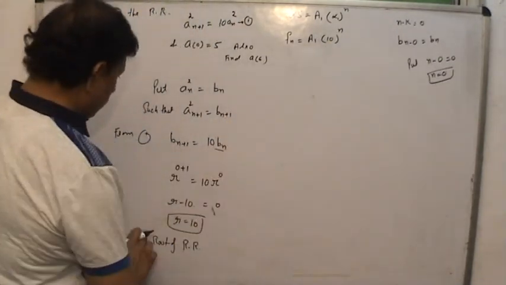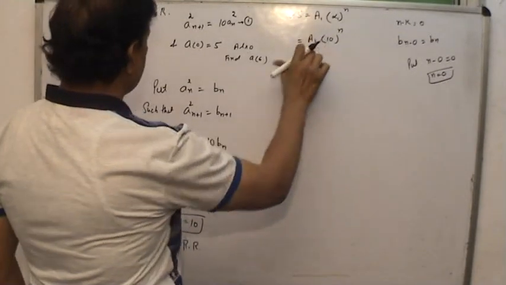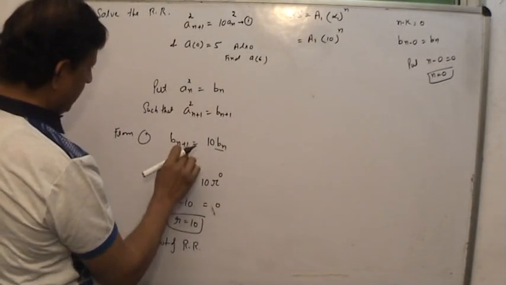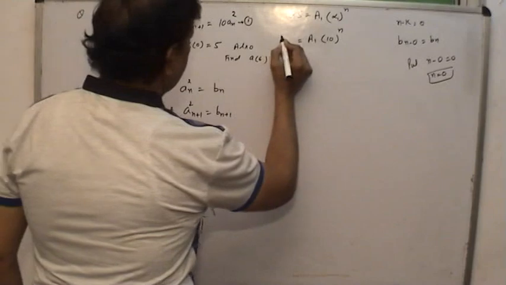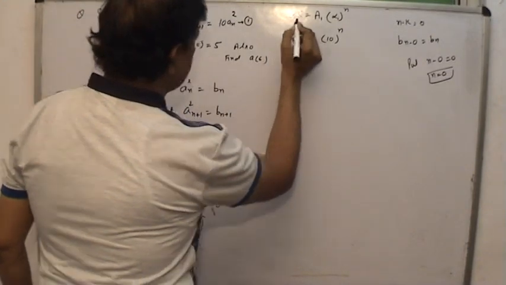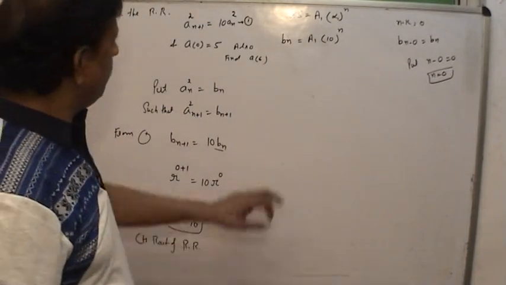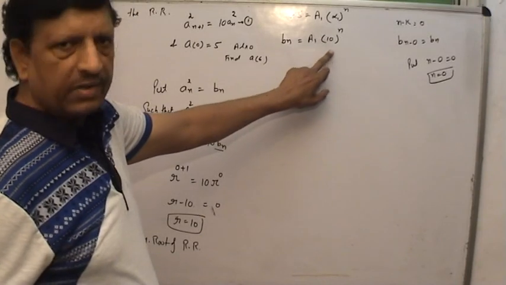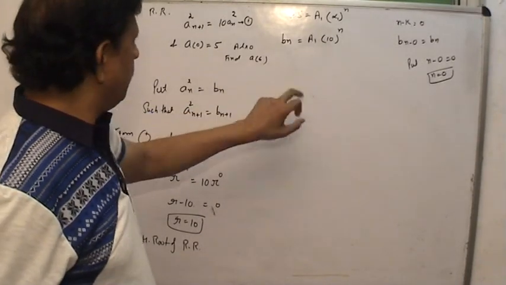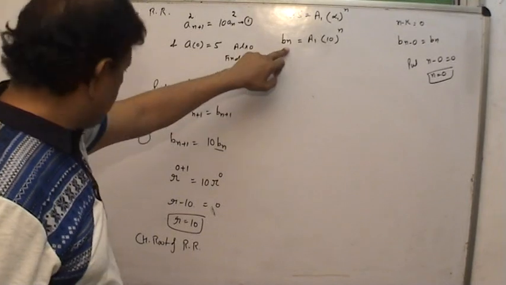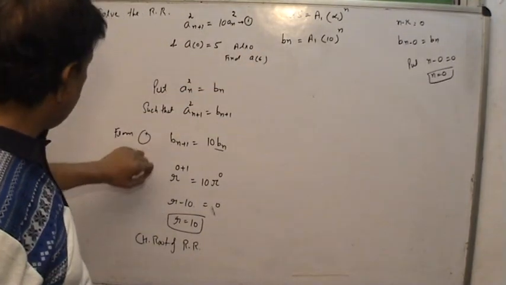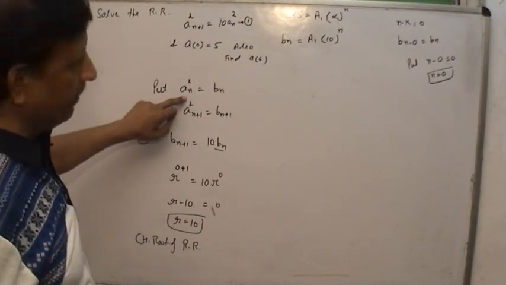Now here, for fn we have the terms an replaced by bn. It means we write the general solution bn is equal to a1 into 10 raised to the power n, because of the replacement of the term a square n.